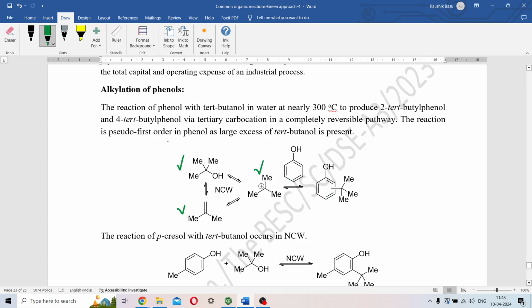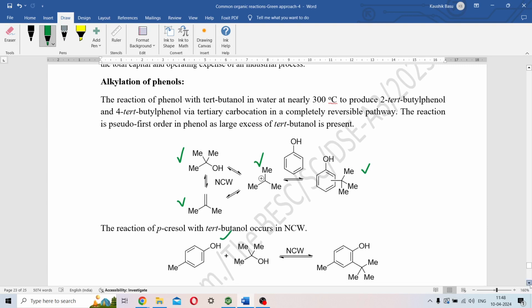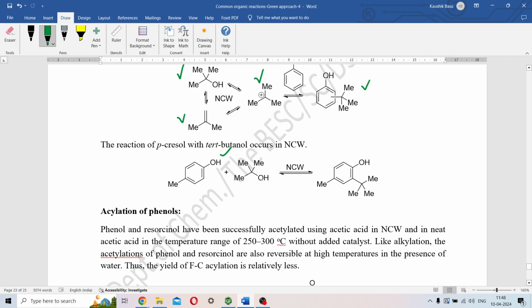When you are using phenol in large excess, you get the corresponding ortho or para substituted product. Similarly, paracresol can also react between methyl and OH. OH is obviously a higher activator, and therefore the incoming electrophile will be directed ortho to OH, and they have done this reaction with near critical water.